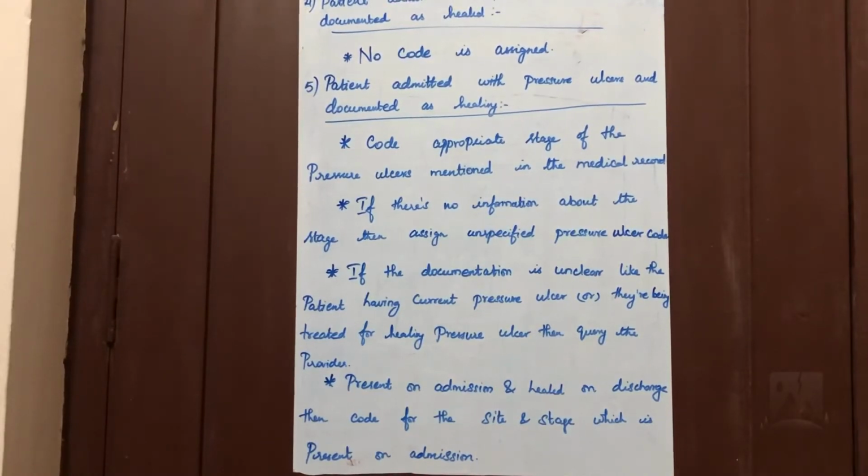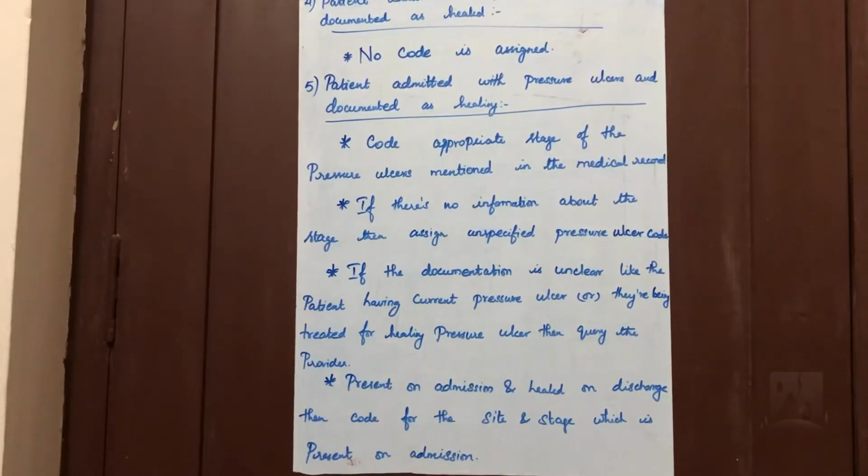We have to code the appropriate stage of the pressure ulcer mentioned in the medical record. Whatever stage is mentioned in the medical record, according to that stage we give the code. If there is no information regarding the stage of the pressure ulcer, then we have to assign the code for unspecified pressure ulcer.